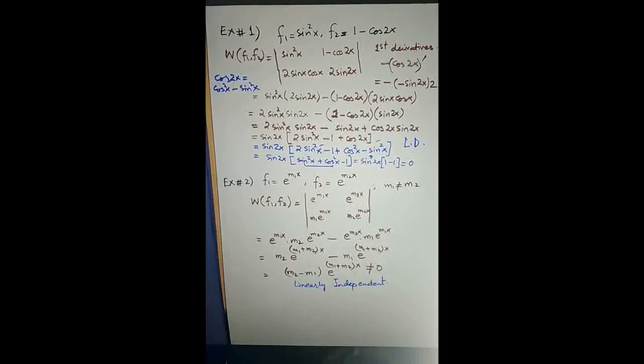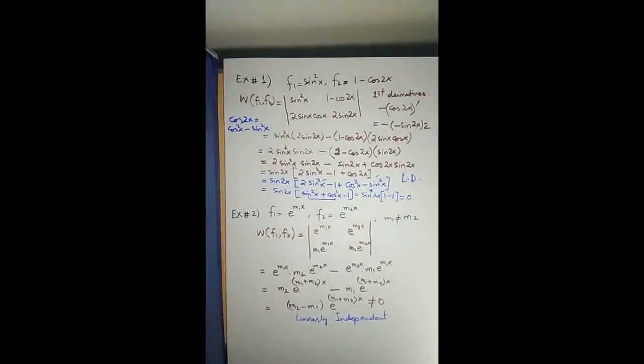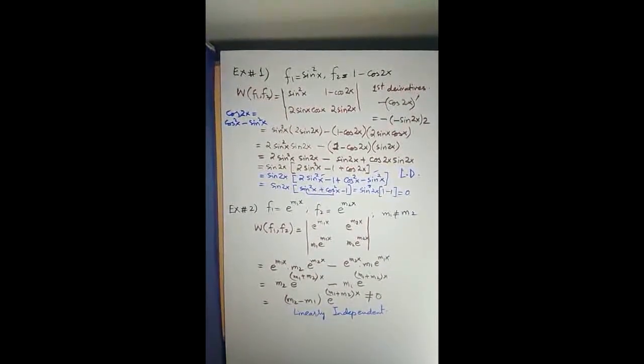All right, so I hope that you understand the concept of linear combinations, independence and dependence. Also one more thing: if you have 2 or 3 functions, you can use the authentic method, that is the Wronskian. But if you have more than 3 functions, like 4 or 5 functions, it is difficult to find the derivatives and then the determinant, and is very hectic.